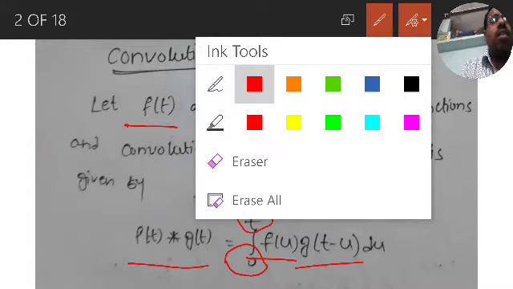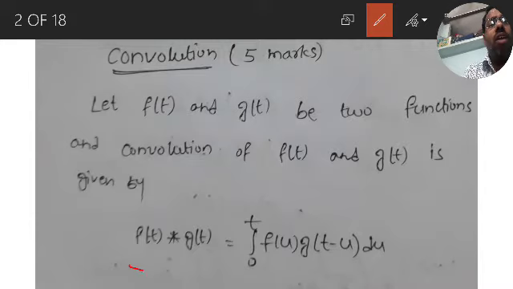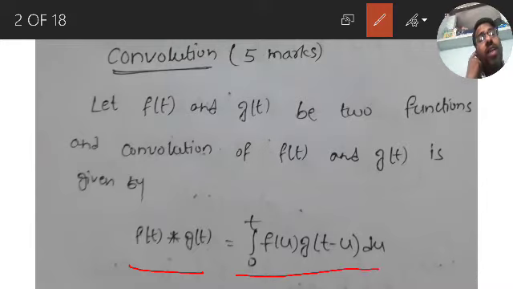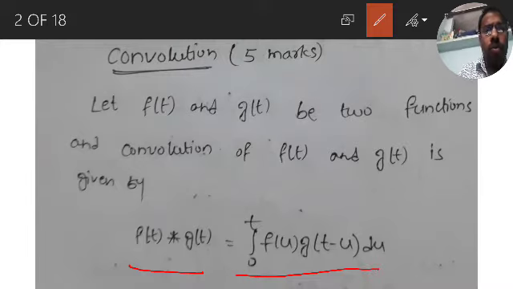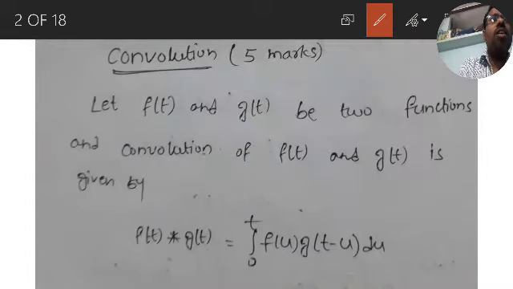That's it. So the convolution of f of t and g of t is denoted by f of t star g of t and defined by integration 0 to t of f of u into g of t minus u into du. That is how convolution is defined.